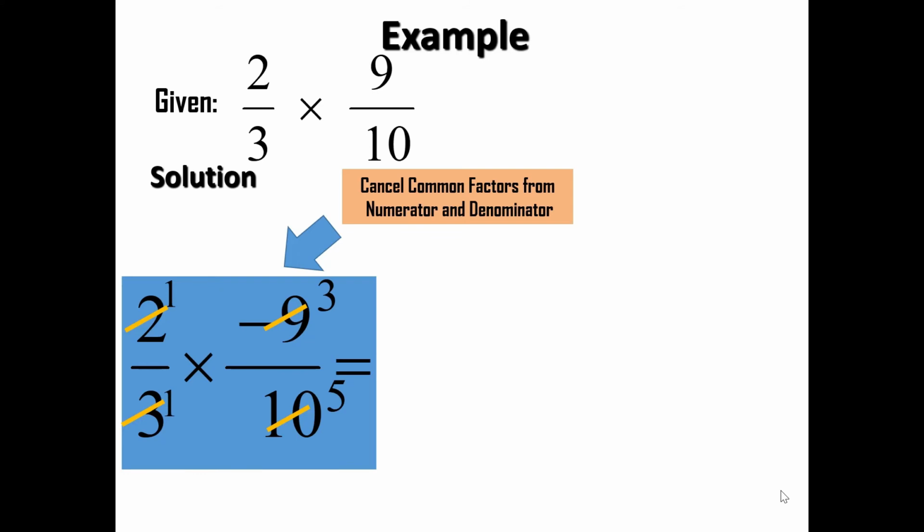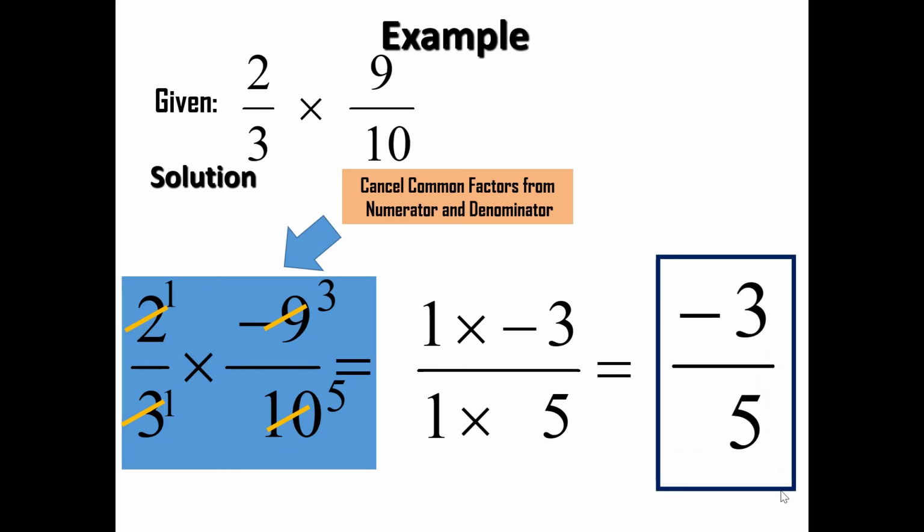Para mapadali yung ating pagmumultiply ng rational numbers. Ngayon, meron na tayong natira na 1 times negative 3 sa numerator at sa denominator naman ay 1 times 5. Kaya ang ating nakuwang sagot ngayon ay negative 3 over 5.